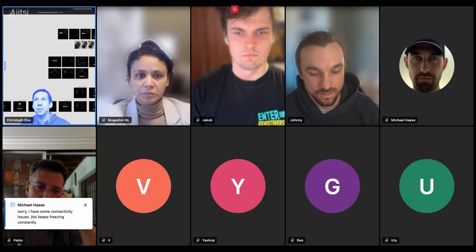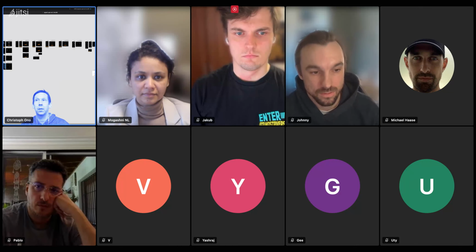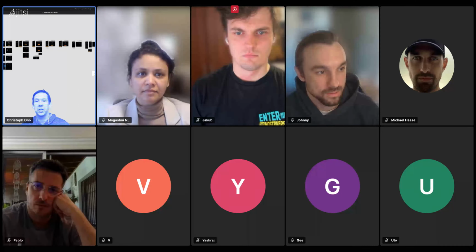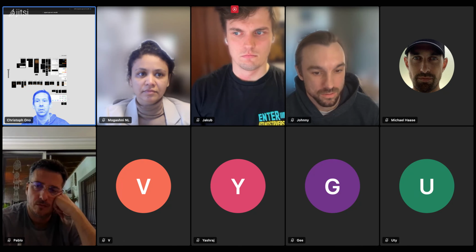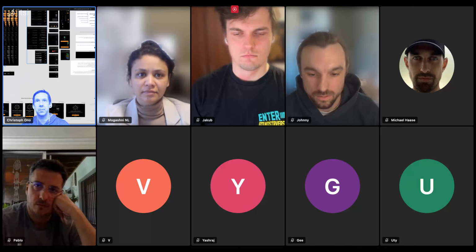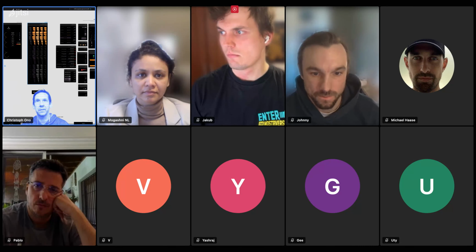I would also say that in Figma we try to be very conscientious with components. There's a design system page here where all the components are defined.